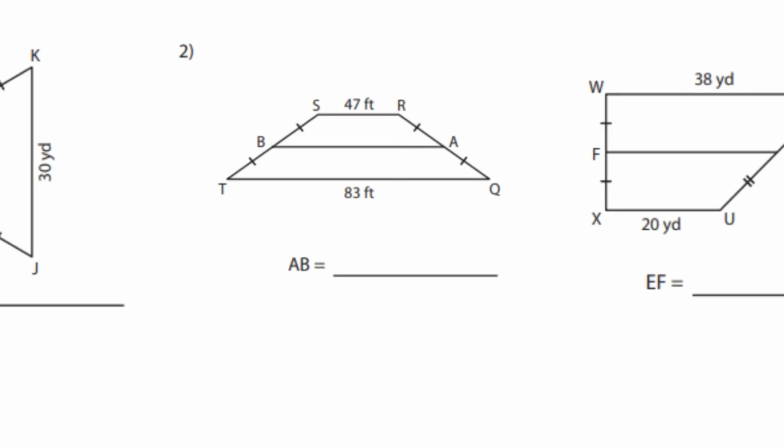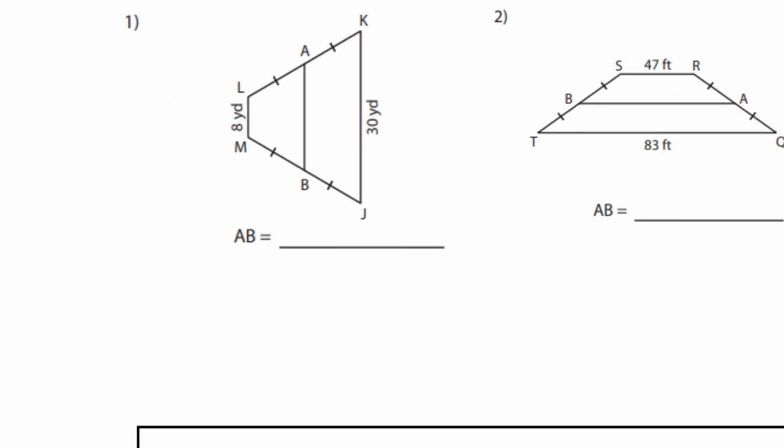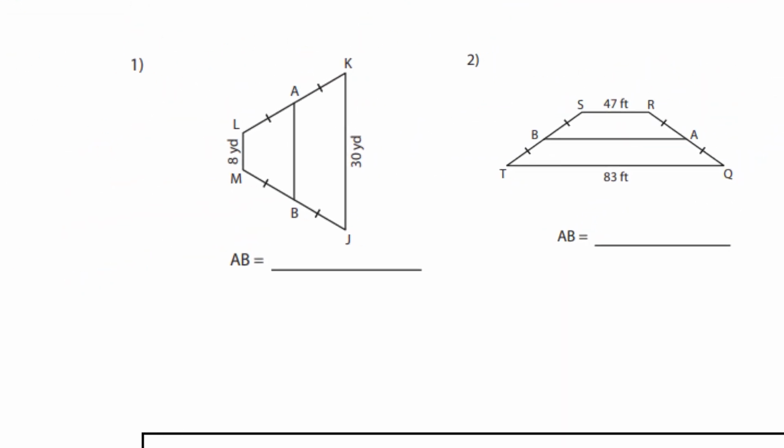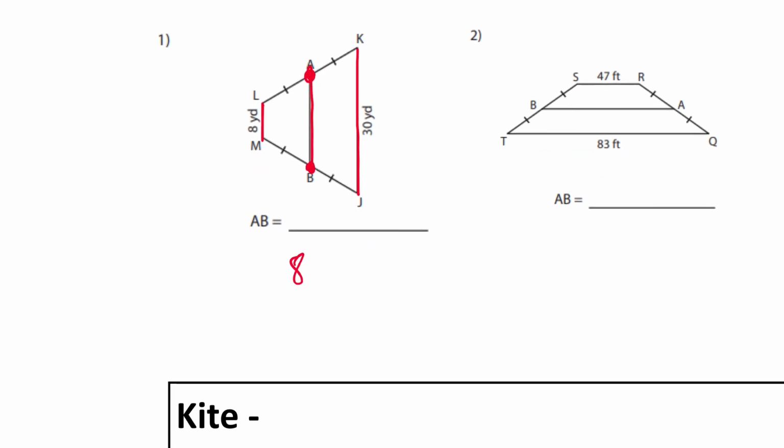All right. So on this one, what's halfway between 8 and 30? This side is 8. This side is 30. We're going to go 8 plus 30 divided by 2. And yes, it is 19.